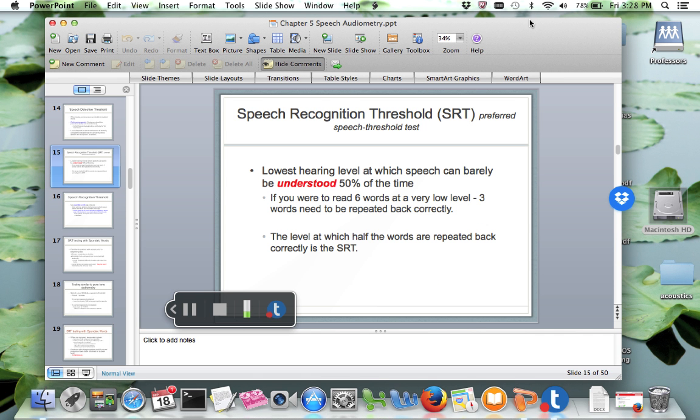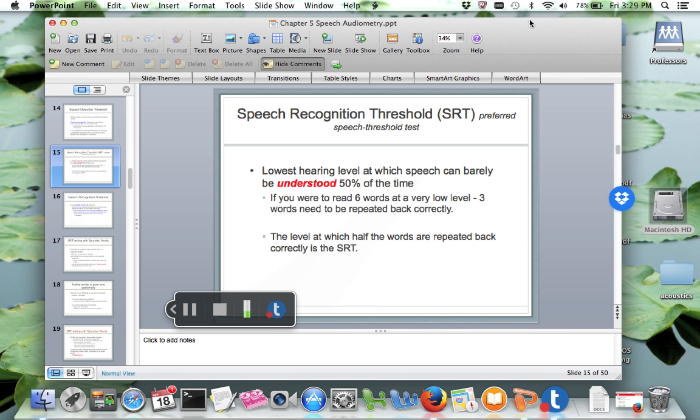So after speech detection threshold, we perform the speech recognition threshold. The speech recognition threshold is the lowest level that a person recognizes and repeats speech back to the audiologist. So that level is going to be higher than the speech detection threshold.